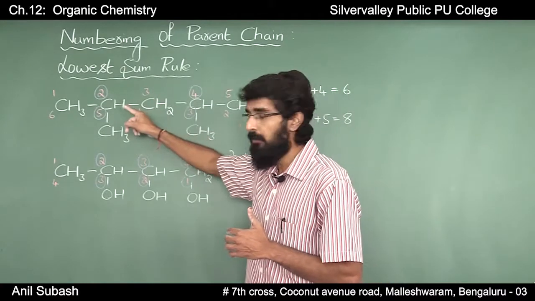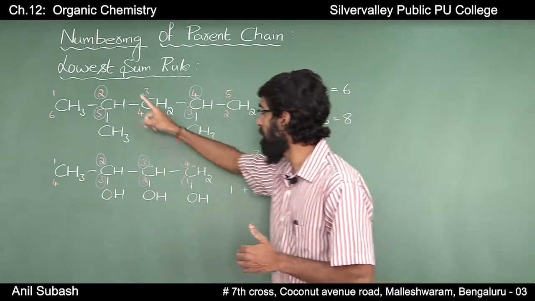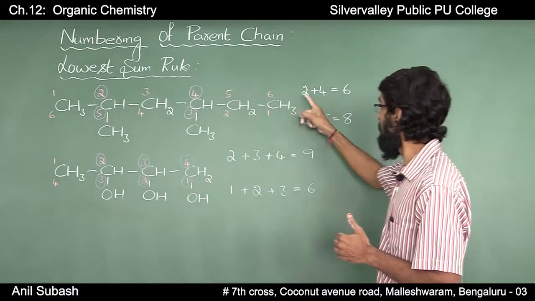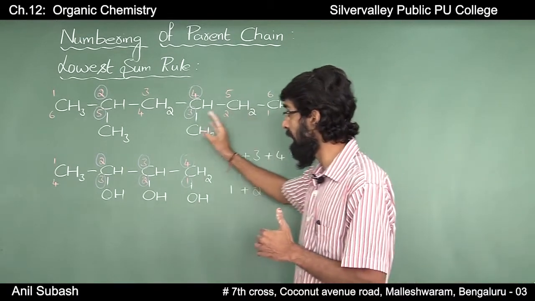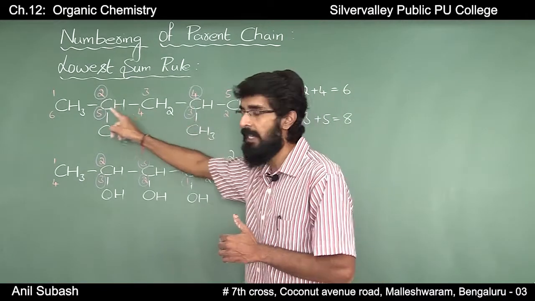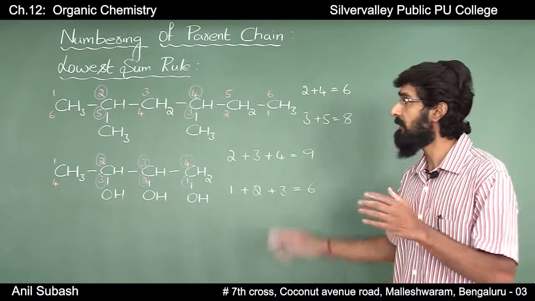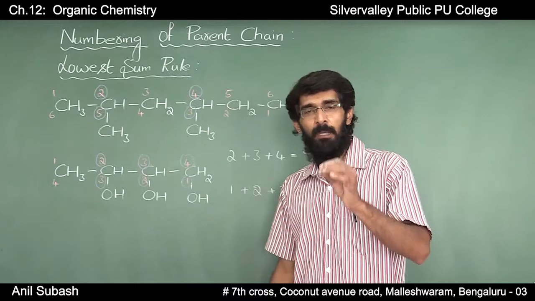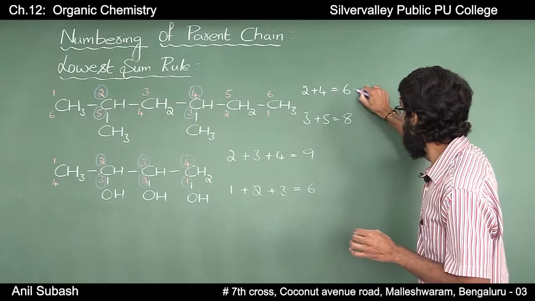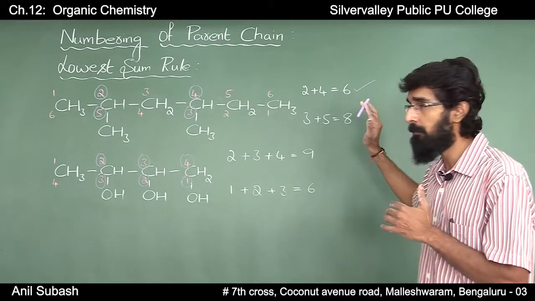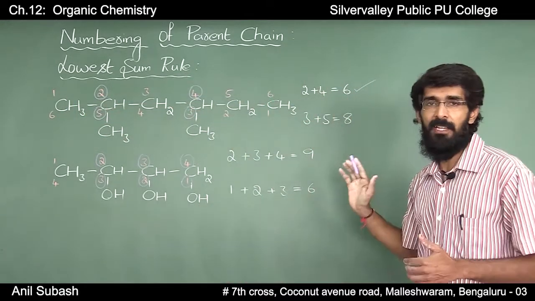If I number from the left hand side, the locants are 2 and 4, the sum of which gives 6. If I number it from the right hand side, the locants are 3 and 5, the sum of which gives 8. Lowest sum rule states that the sum of the locants should be minimum. Therefore, this will be the right way of numbering the parent chain. That is, the parent chain should be numbered from the left hand side.